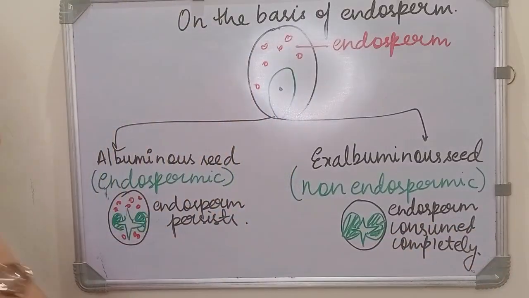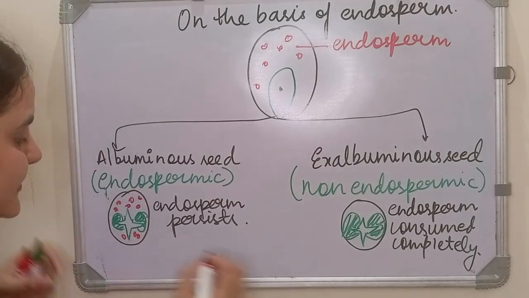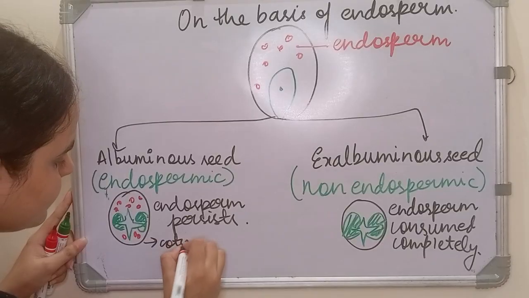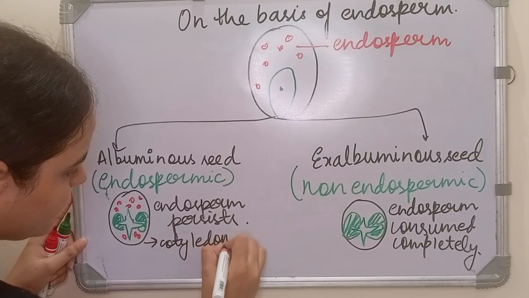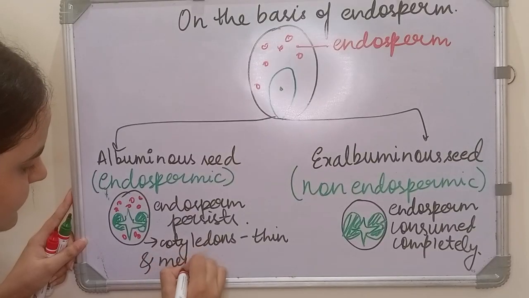Now here the endosperm is already present to provide nutrition. So here the cotyledons are thin and membranous.